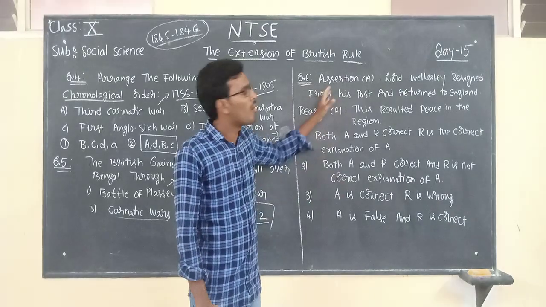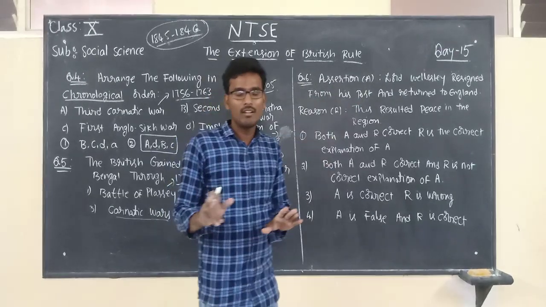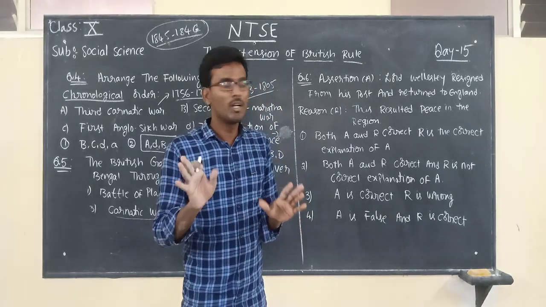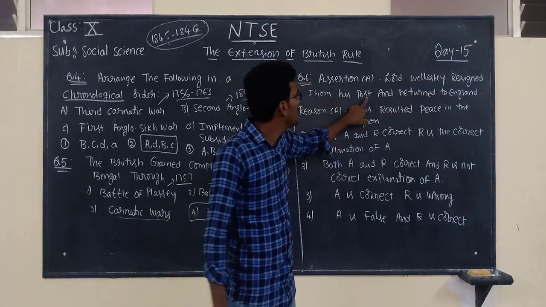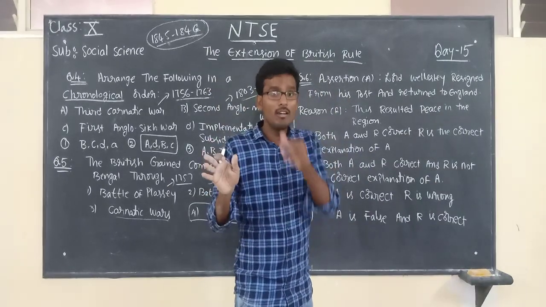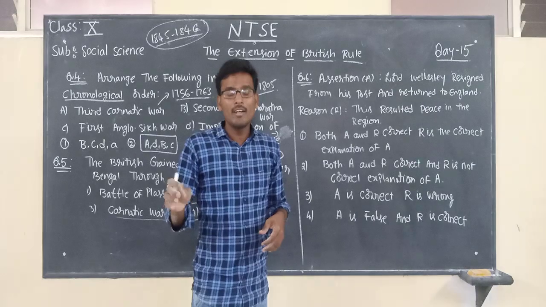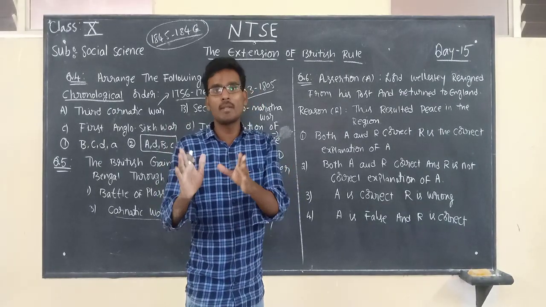Children, let us move on to the next question, that is assertion and reasoning. Previously I told you clearly what kind of techniques you have to follow. So now the assertion: Lord Wellesley resigned from his post and returned to England. That is correct. Lord Wellesley came to India in 1798, implemented the subsidiary alliance and captured some places.